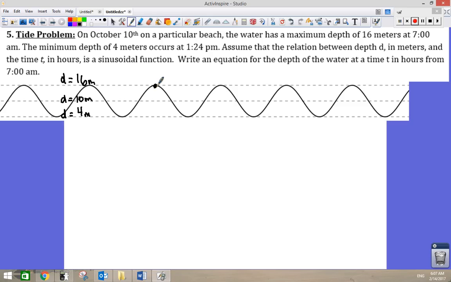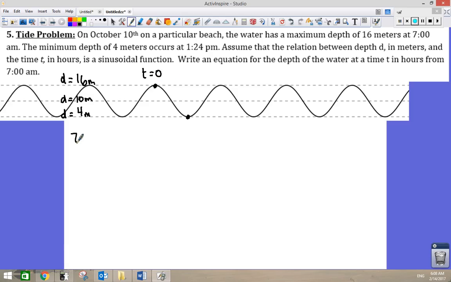At 7 a.m., we're going to call that t equals 0. And at 7 a.m., you're at a maximum depth. Okay. And then in the afternoon, at 1:24, you're down here. So we want this t in hours.